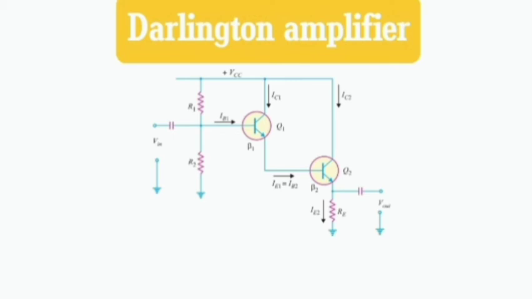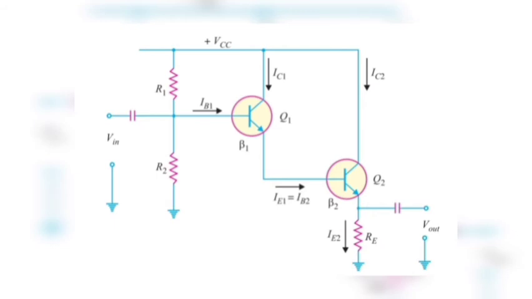If we analyze the circuit in terms of current, IE1, that is the output of the first stage, is equal to the gain of the first stage, that is beta 1 into IB1, input into gain is equal to output. Now IE1 is the base current of Q2, that means IE1 is equal to IB2. Transistor T2 has beta 2 gain.